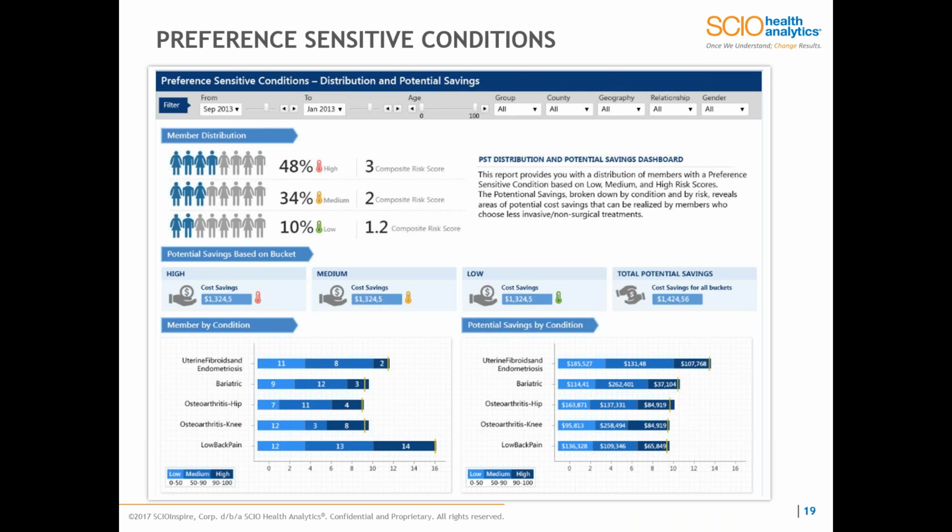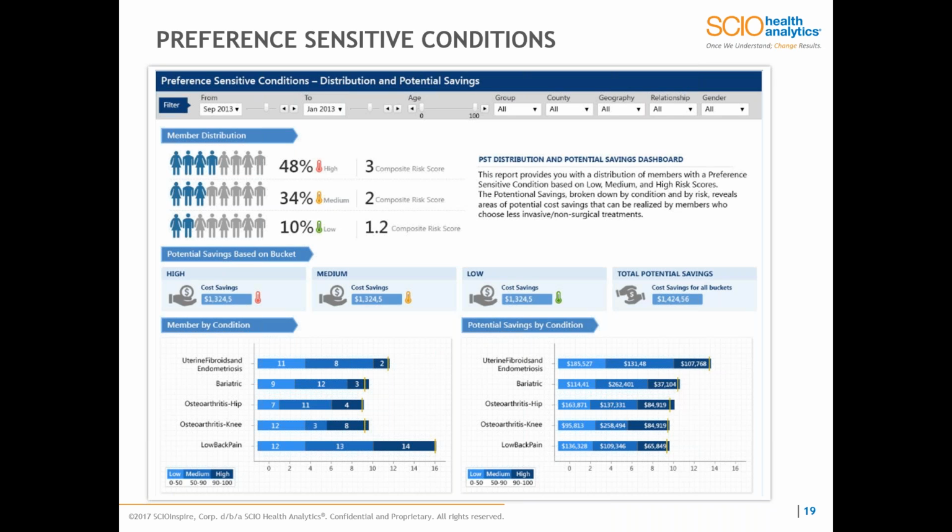That is your window of opportunity to intervene and provide education, so the individual has the information they need to make the decision that's best for them, which, in a lot of cases, ends up being the most cost-effective as well as the best outcome for that individual.